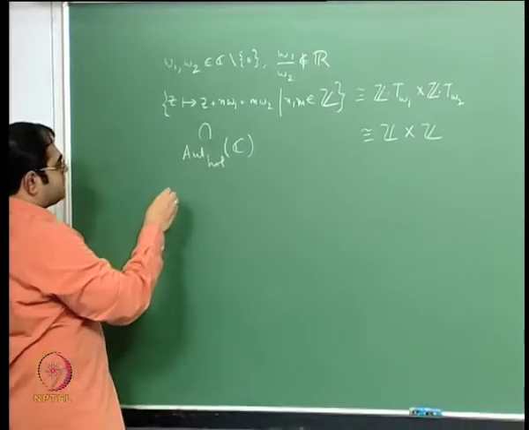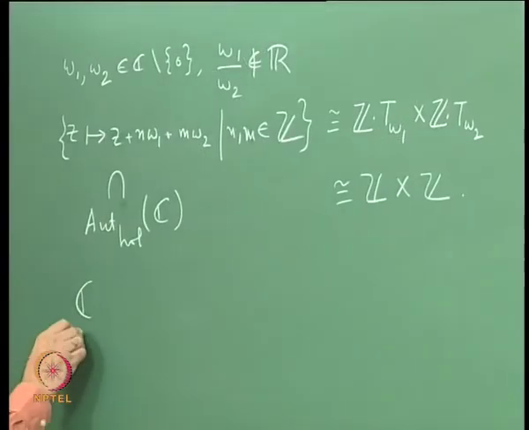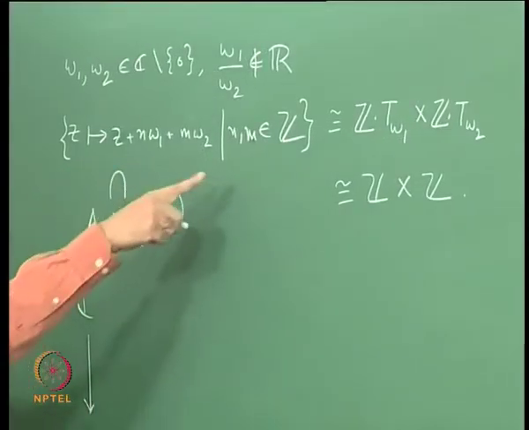And what you do is you take the complex plane, and then you go modulo this subgroup.